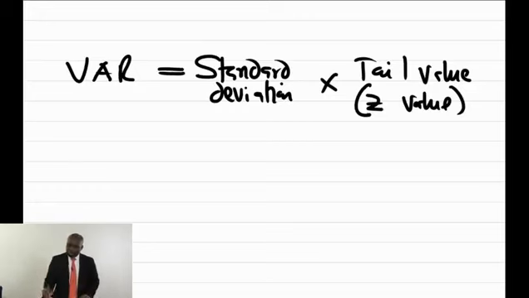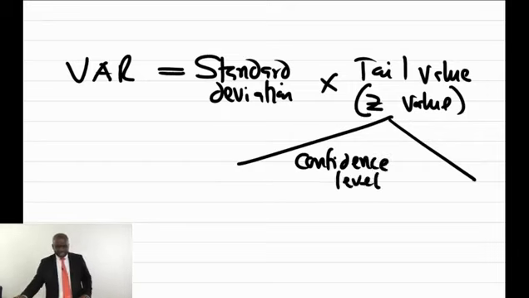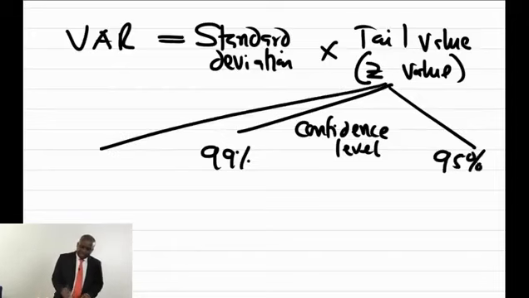Your tail value or your Z value depends on the confidence level given to you. And the examiner is supposed to give you the confidence level. It was meant to be either 99% or 95%. But for whatever reason, last sitting the examiner did 90%.